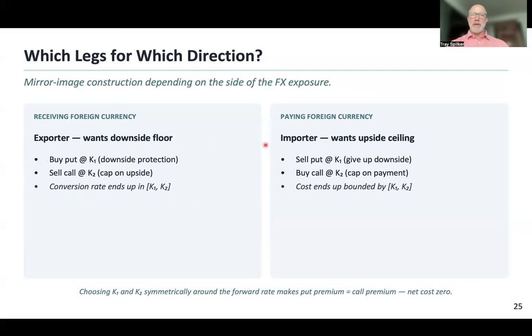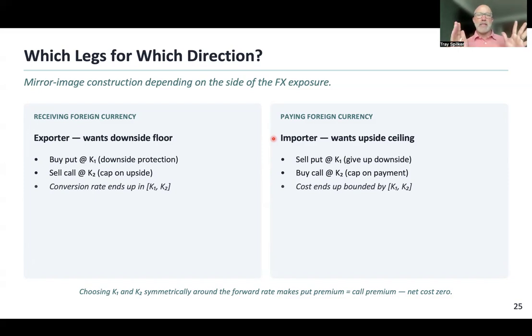And then in the case of an importer, where you have a foreign currency payable, you're going to want to have a ceiling on what you'll end up paying. You don't want to pay more than some amount. So it'll have the same structure. We're just going to swap the put for a call. And in both cases here, we're going to have a net zero condition, picking K1 and K2 so that the premiums are equal to each other.